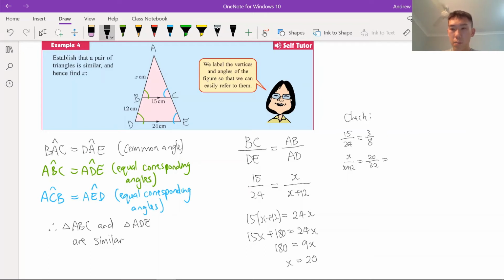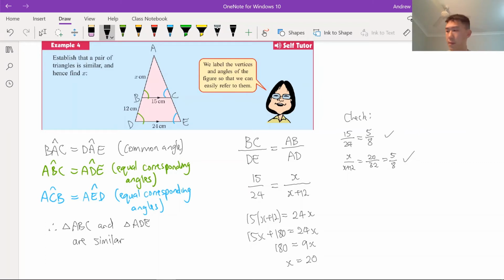Divide everything by, is there a common factor? Wait, sorry, it's not 3/8. It's 5/8. I divided by the wrong thing there. And divide by 4 is 5/8. So the scale factor for those sides are the same, which means our answer is correct.